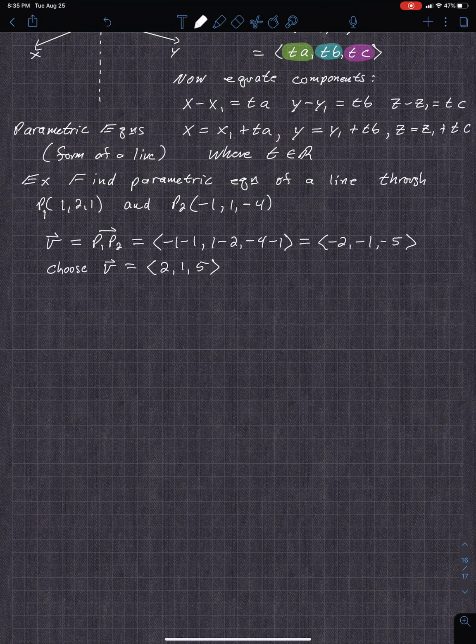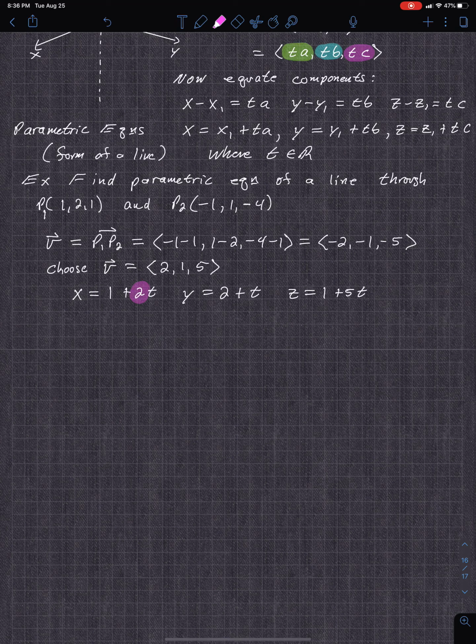So we have x equal to, and I'll just pick the first point, 1 plus 2t, y equal to 2 plus t, and z equal to 1 plus 5t.